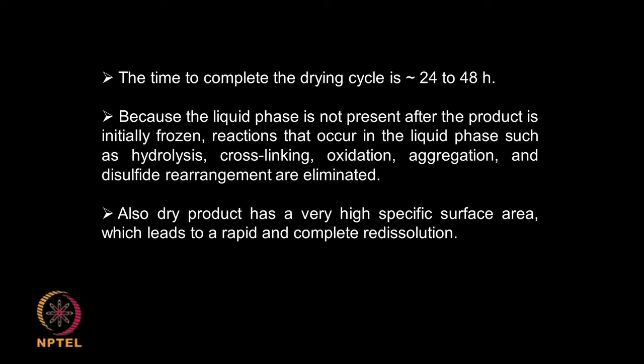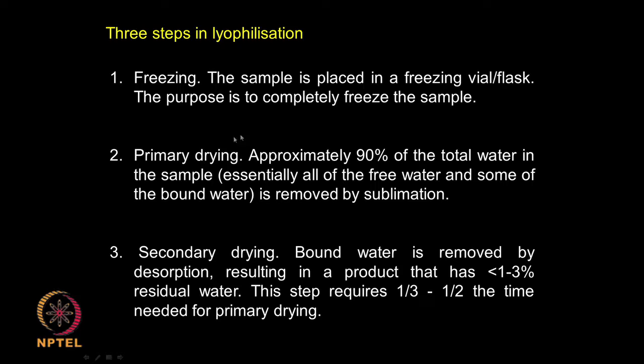So, we can do lyophilization of a lot of products using this type of technique. So, freezing, primary drying, secondary drying. Approximately 90% of the water is removed in the primary drying, that is by sublimation, and then in secondary drying where you have the bound water, you can bring the moisture content down to less than 1%.